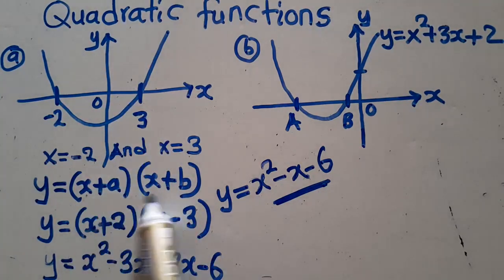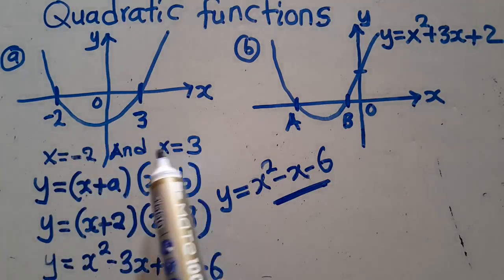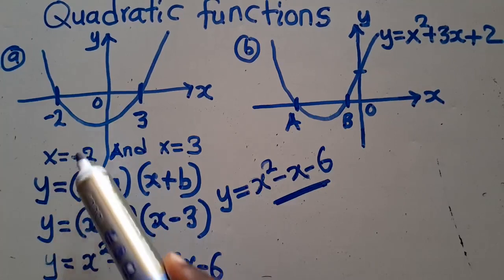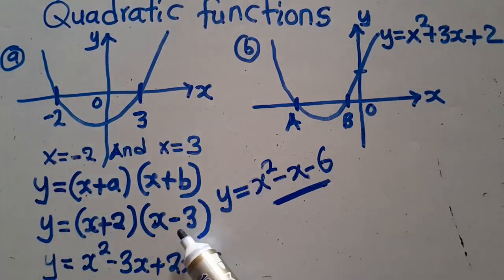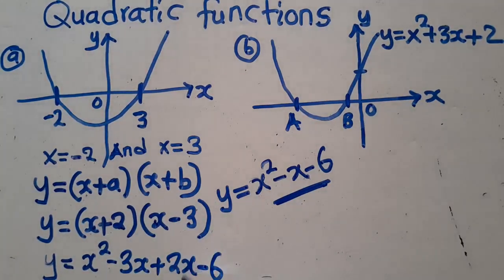You write something like this, and when writing the points where it is cutting the x-axis, you interchange the signs. If it was a negative, it becomes a positive. If it was a positive, it becomes a negative. After you do this, then you just expand. I believe you know how to expand. This is what we do each time we want to expand.